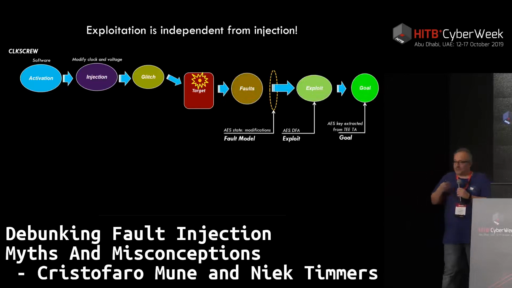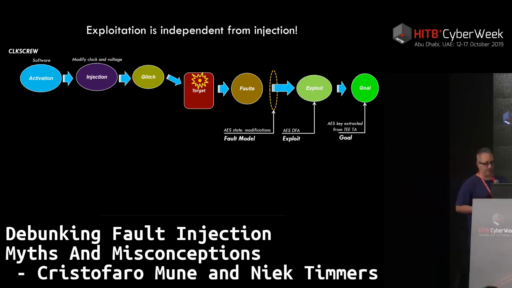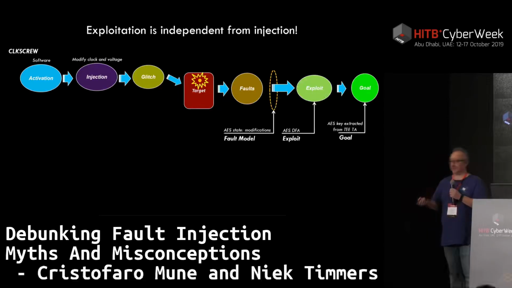And if you are changing the execution of another core, you may cause faults that may allow one storage or one value to be changed. Let's assume that this is the fault model of the attack, and that these changes do happen in the AES state of an AES cryptographic computation. If you're able to change one byte, then you are able to apply the DFA attack and extract the key. They did extract the AES key from a trusted application running in a trusted execution environment.